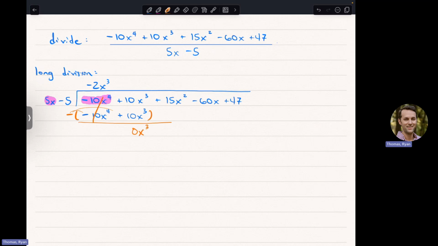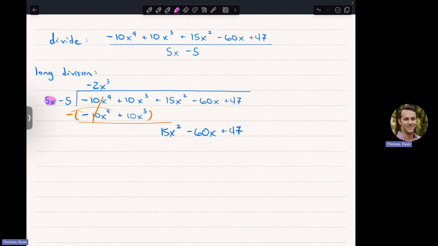That's going to make our life a little bit easier moving forward. It means we should have one less piece to deal with. Then the rest of the way across, 15x squared minus 60x plus 47. Don't really need that, so we'll get it out of the way. That's one step of the division algorithm.